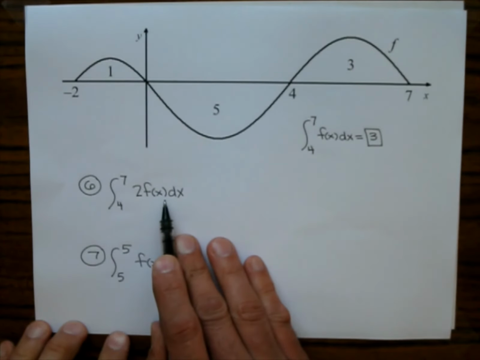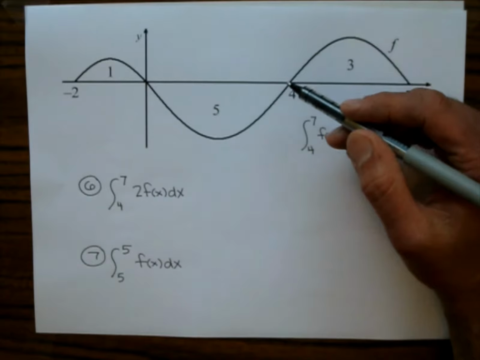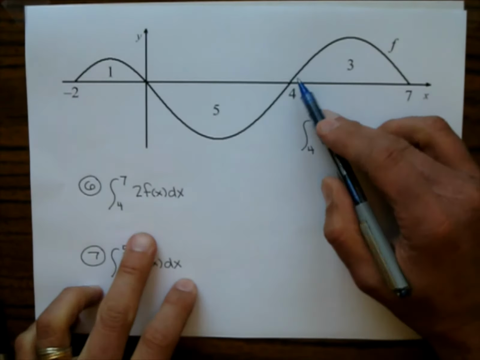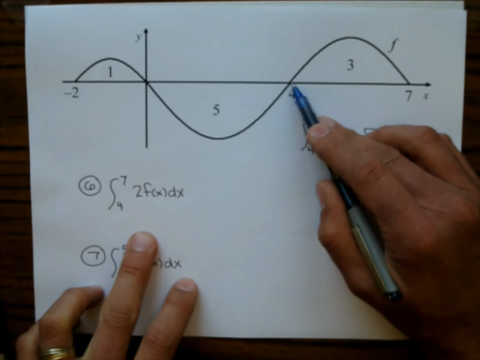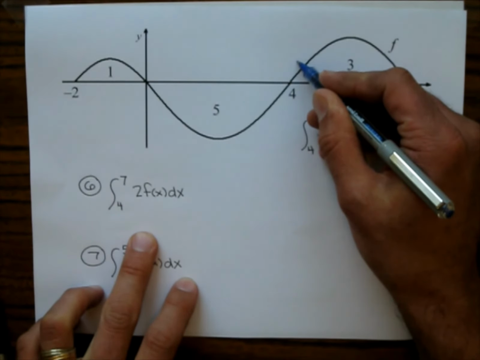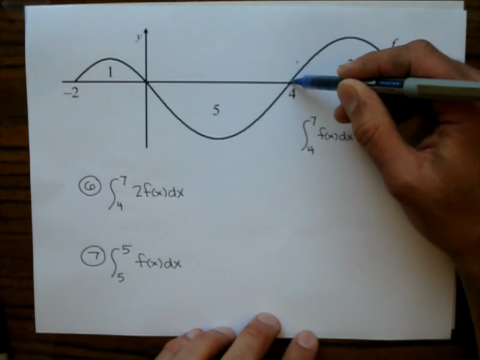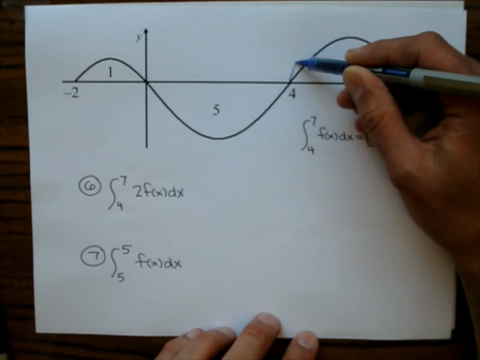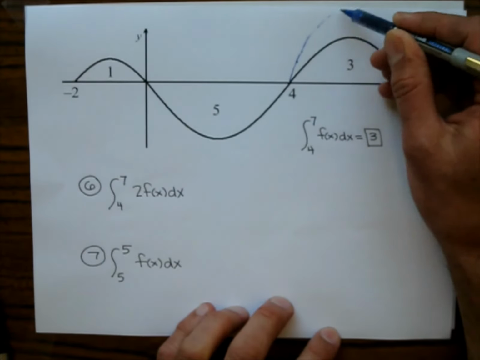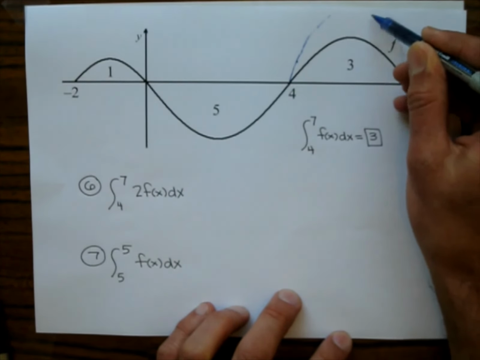Now, 2 times this function, graphically what that looks like is each y value that you see on the function is going to be twice the y value. Okay, so 2 times this function is going to be like a hill, at least this part, that's going to be twice as high in all spots.